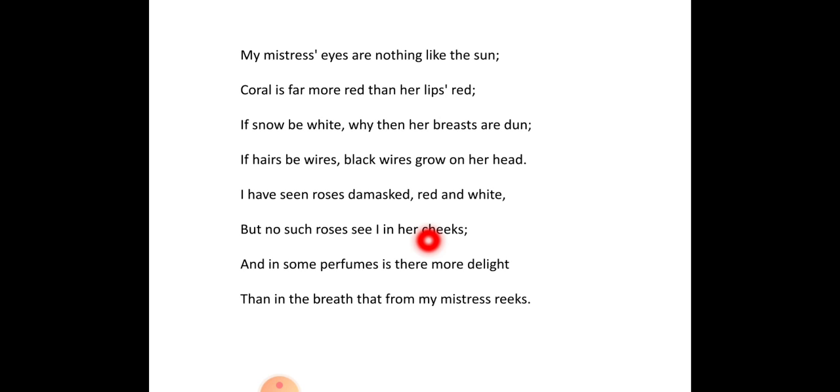I believe that as a reader, and I'm sure many readers agree with me, this is the most shocking image I have ever read. It's an olfactory image related to smell, but it is really shocking that someone says that the breath of his mistress reeks. That is, it gives off an unpleasant smell. Yes, I think this is rather shocking.